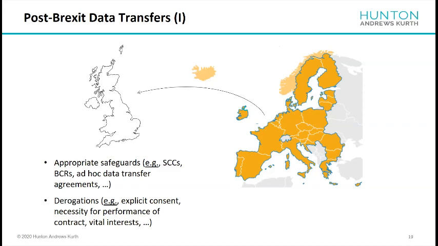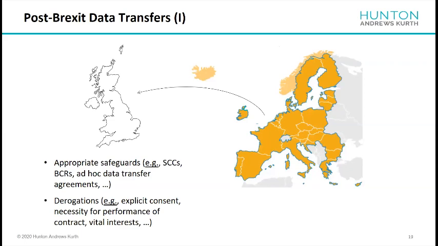This means that companies will be able to rely on the so-called standard contractual clauses, binding corporate rules, ad hoc data transfer agreements, and, when they become available, codes of conduct and certification mechanisms, and so on.